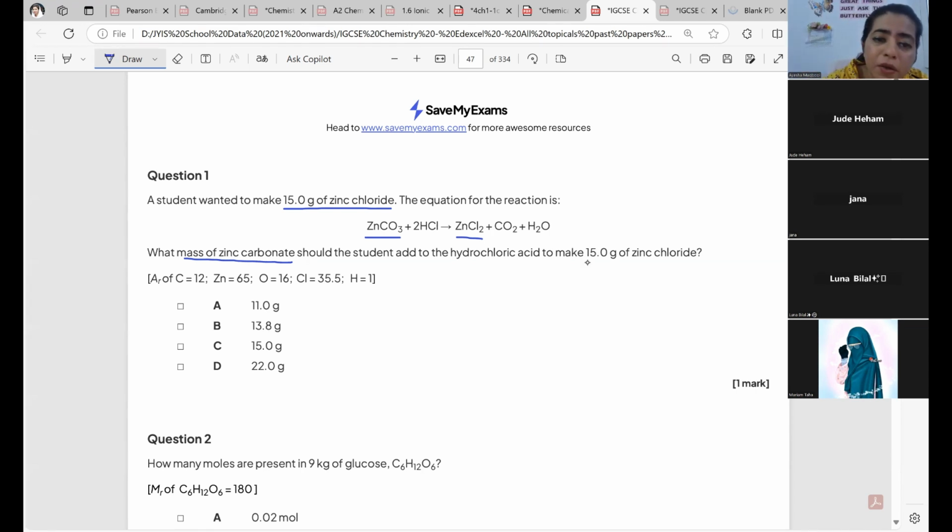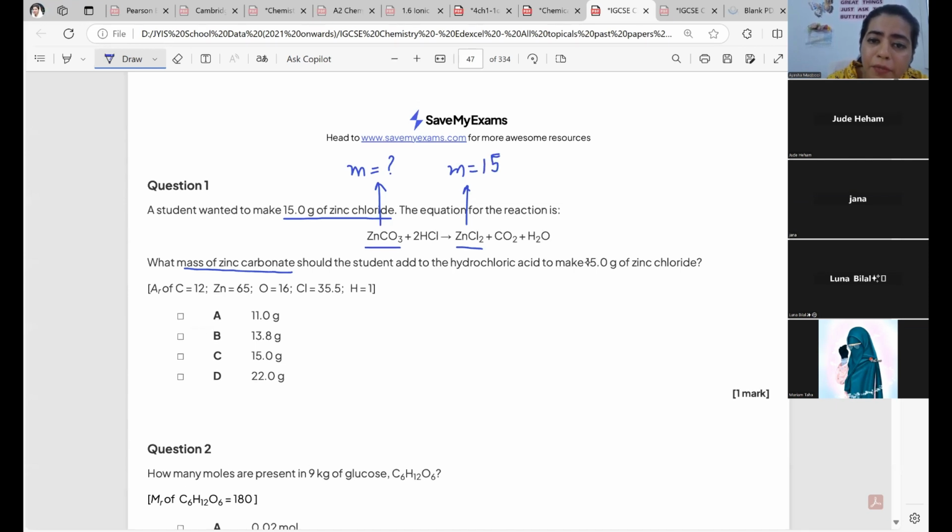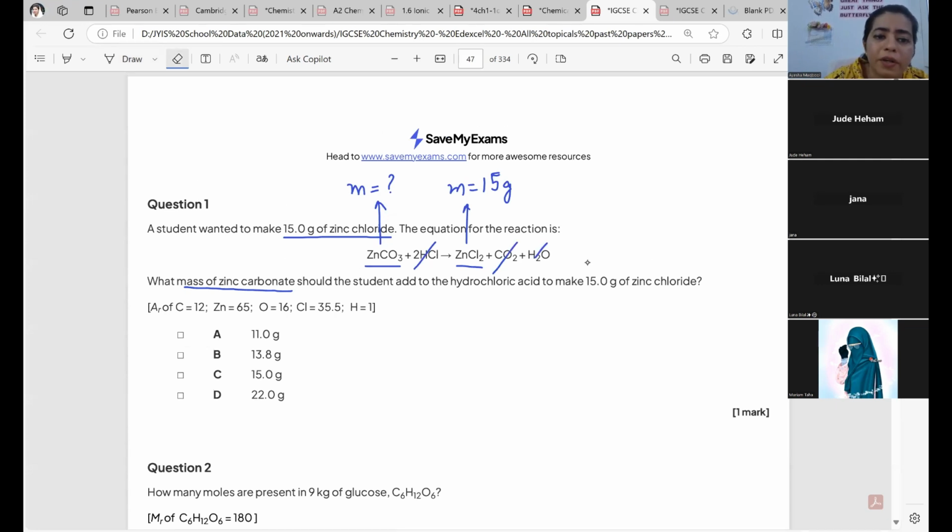So find the mass of this zinc carbonate, and the mass of zinc chloride is given, that is 15 grams. That's it. We don't need HCl, carbon dioxide, or water, they are extra for us.